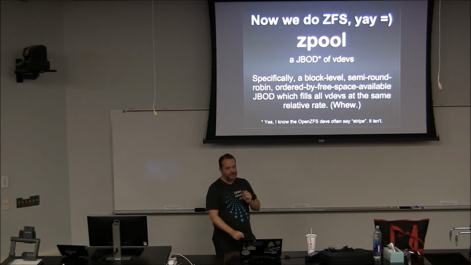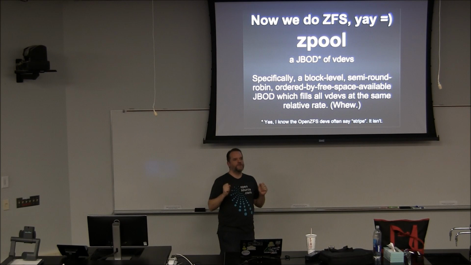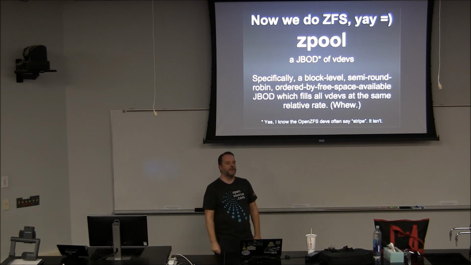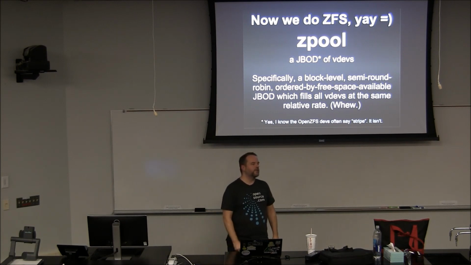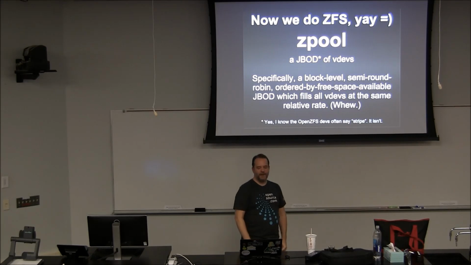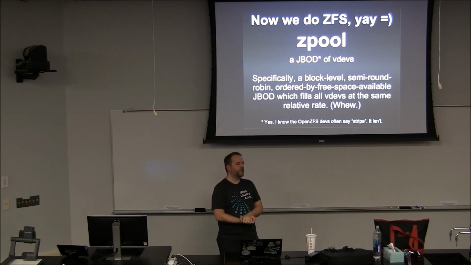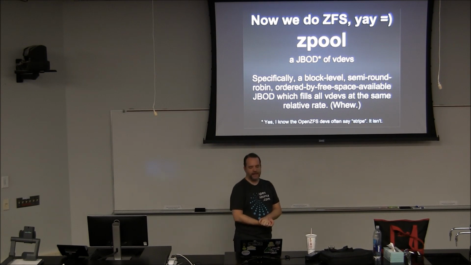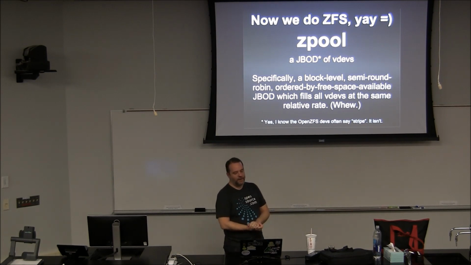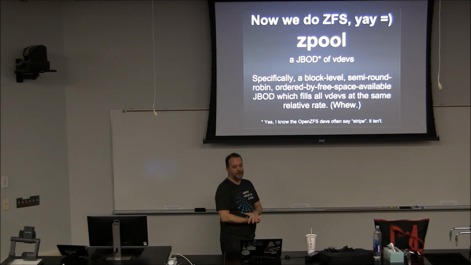So specifically, and this is one of those things that everybody gets wrong, and it doesn't help that the actual ZFS developers are sloppy and frequently incorrect when they talk about this. The ZFS devs will usually say that a Z-pool is a stripe. They're lying. It's actually a block level, semi-round robin, ordered by free space available JBOD, which fills all VDEVs at the same relative rate.